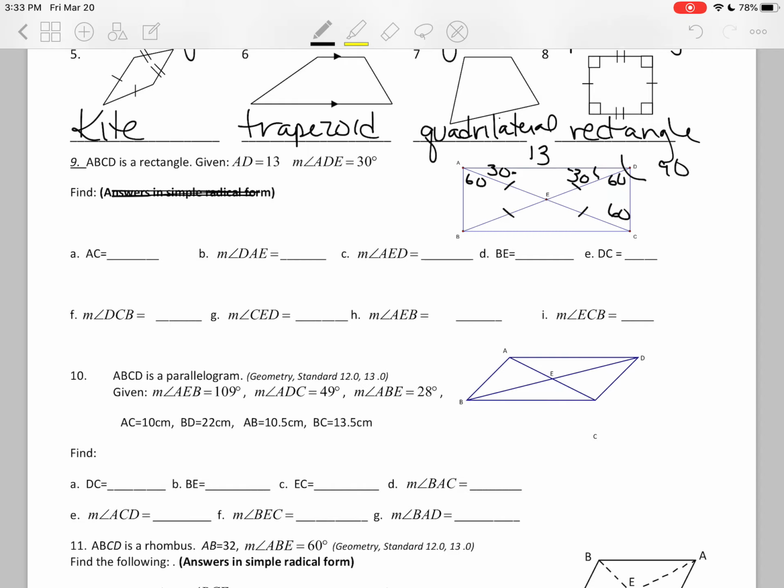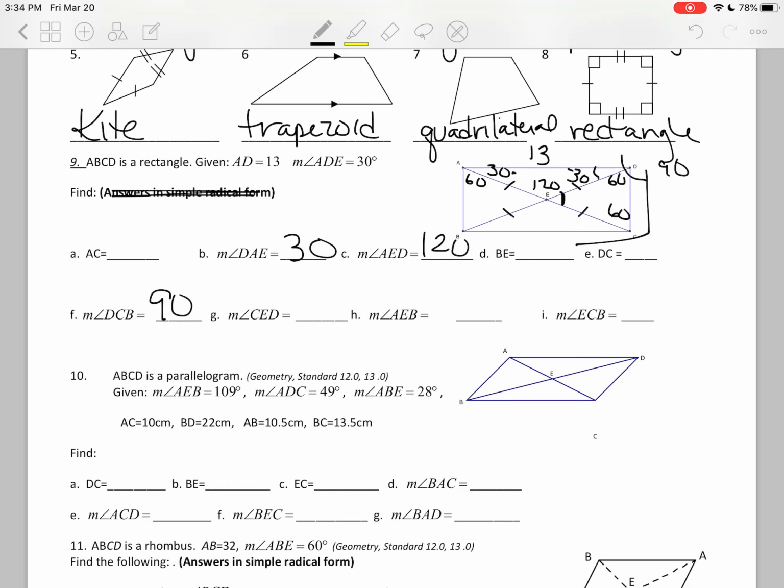In the middle, this one's 30 and this one's 30. That makes that 60, and that makes the other one that's left over 120. So we can find our angles now. Angle DAE is 30. Angle AED is 120. DCB, so that's this big one here, is 90.